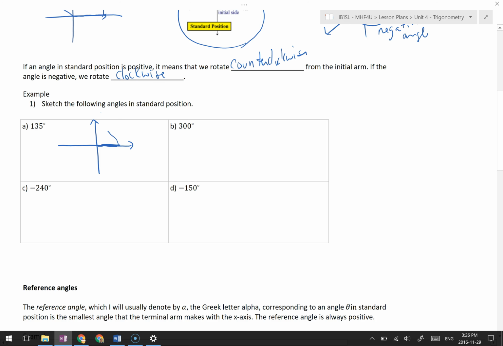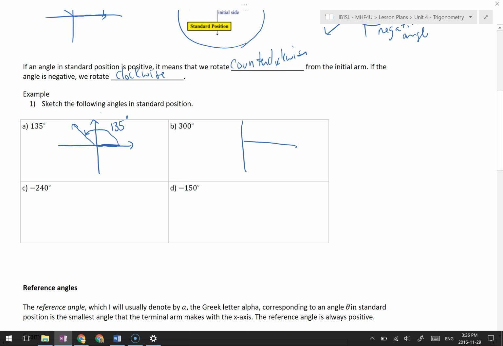I rotate 90 degrees through the first quadrant, so it's somewhere between the first and second quadrant because I've gone more than 90 degrees but less than 180 degrees. In fact, 135 is halfway between the borders of the second quadrant. But really, all I'm looking for is that your angle is in the correct quadrant. I will label this 135 degrees.